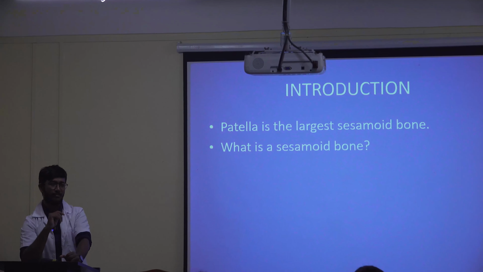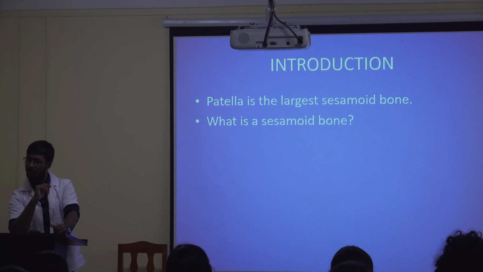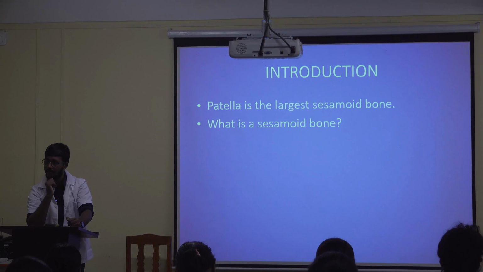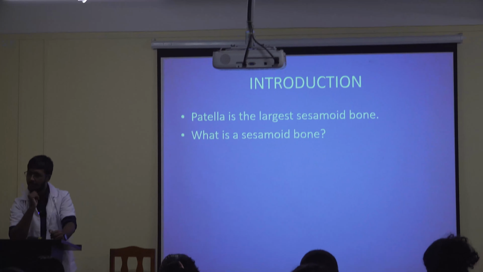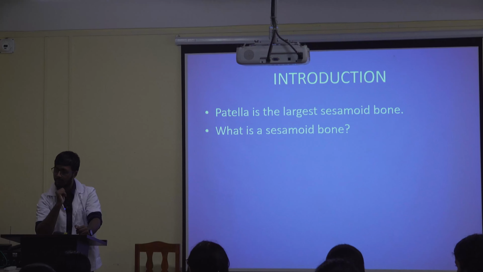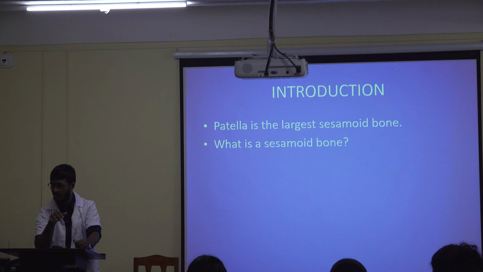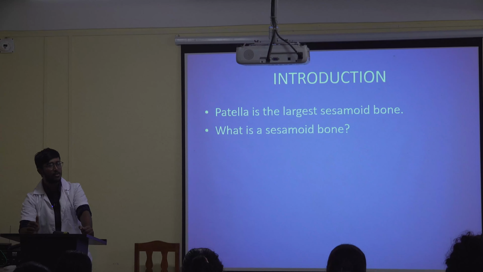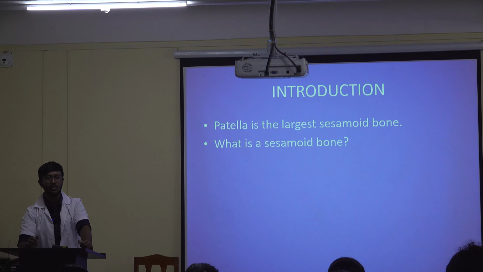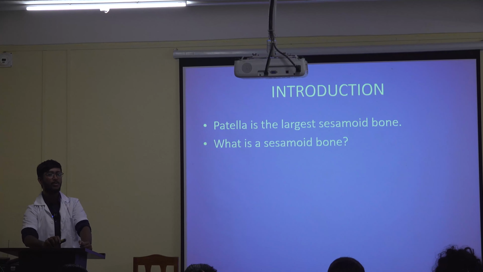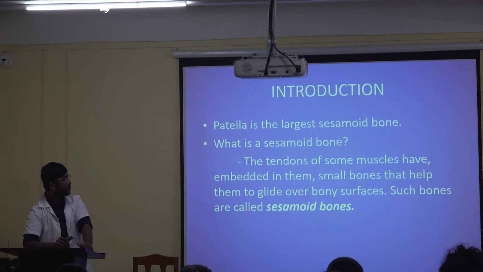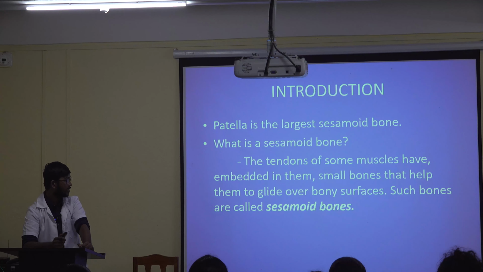Sesamoid bones are formed in the tendons of muscles so that the muscles can easily glide over the bony surfaces. The tendons of some muscles have embedded in them small bones that help them to glide over bony surfaces. Such bones are called sesamoid bones.